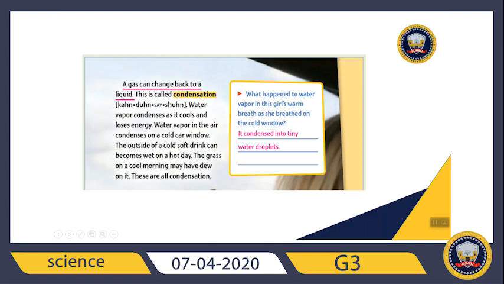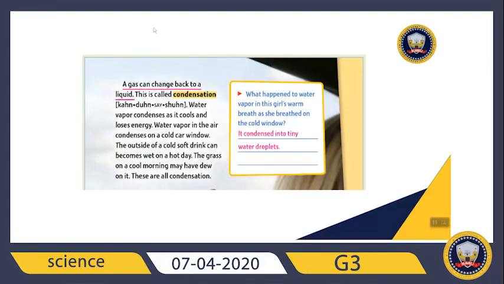As you can see, the girl is drawing a heart on the window. The outside of a cold soft drink can becomes wet on a hot day. The grass on a cool morning may have dew on it. These are all because of condensation.